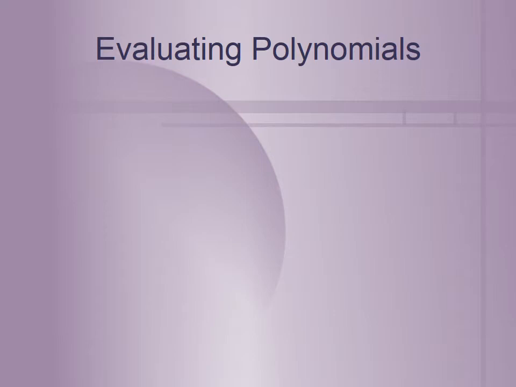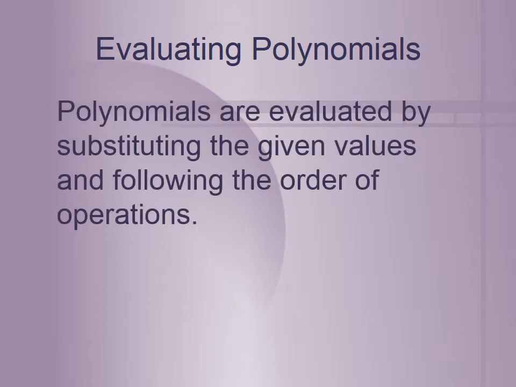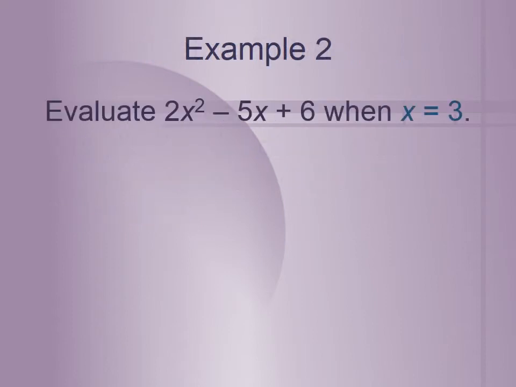Next, let's talk about evaluating polynomials. Polynomials are evaluated by substituting given values and then following the order of operations. So if we want to evaluate 2x squared minus 5x plus 6 when x equals 3, we first are going to substitute 3 for x, and then we're going to do order of operations.